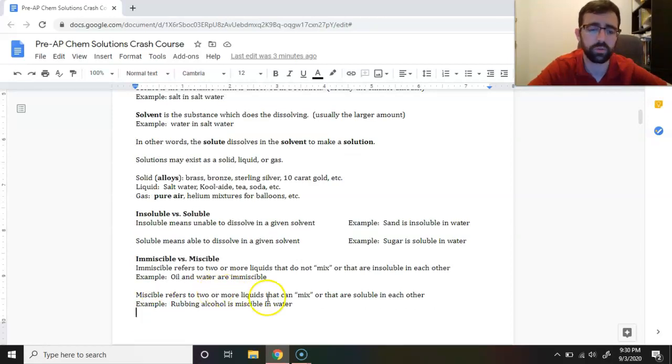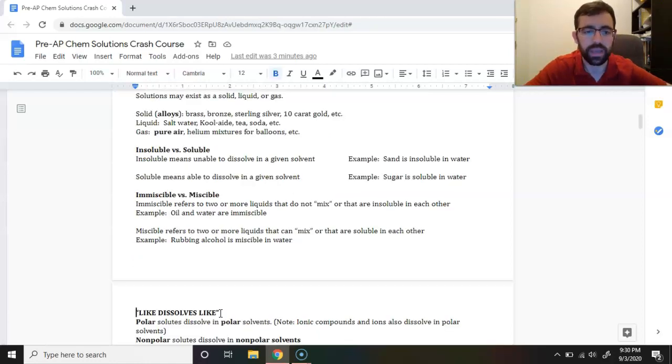Miscible refers to two or more liquids that can mix or are soluble in each other. An example would be rubbing alcohol or vinegar dissolving in water. Both of those will dissolve in water, so we could say they're miscible in water. That's just a basic look at the first page of the notes. Let's go a little bit farther.